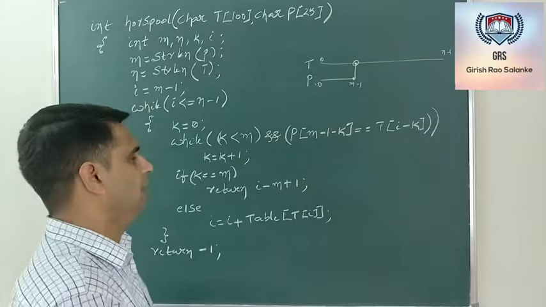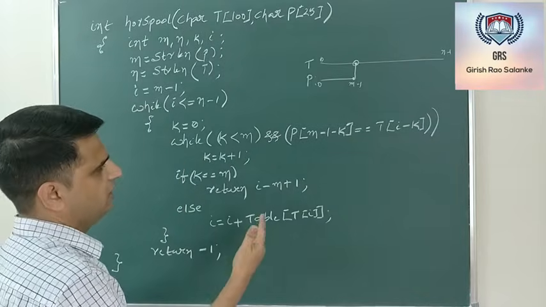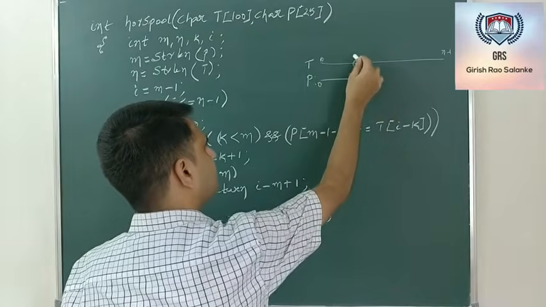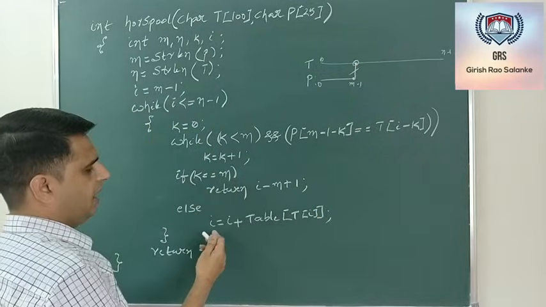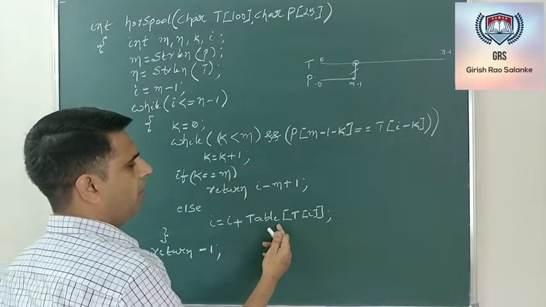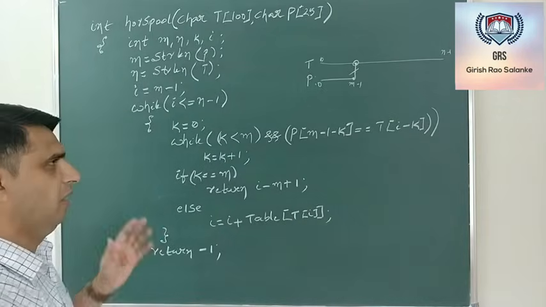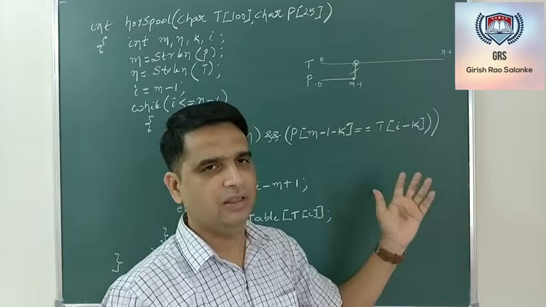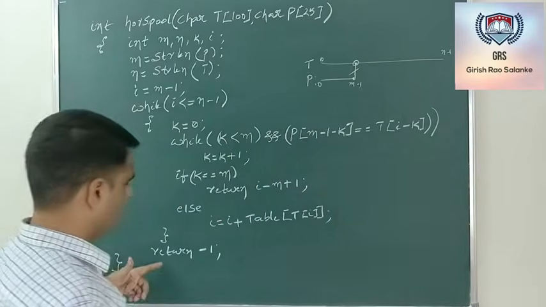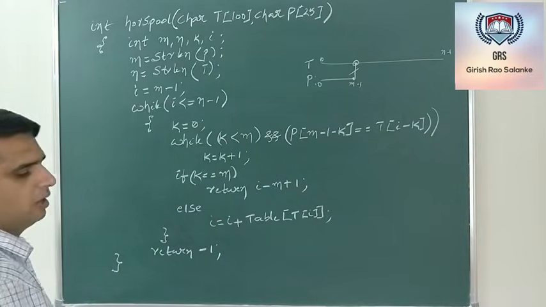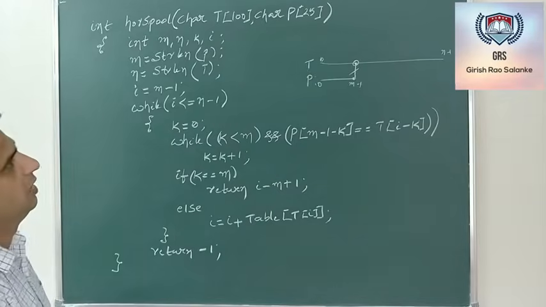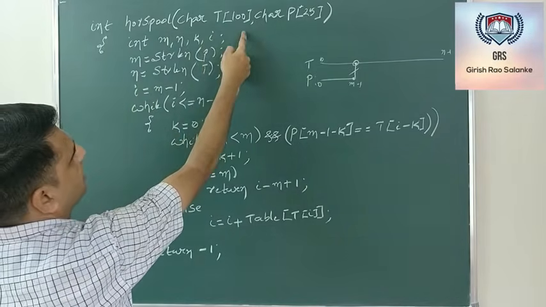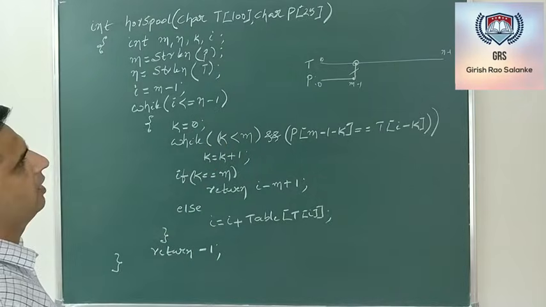If not, then I should shift the pattern depending upon the shift value of this particular character: i is equal to i plus table of t of i. Now after going through all the characters in my text, if the pattern is not there, I am going to return minus 1. So this was about the Horspool function. Please note that this Horspool function has two arguments. The first argument is the text and the second argument is the pattern.